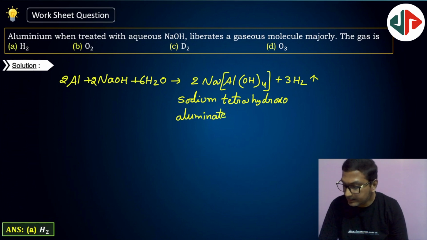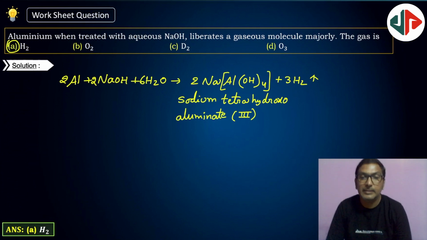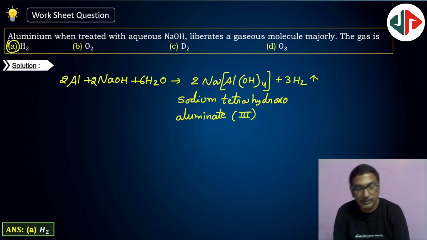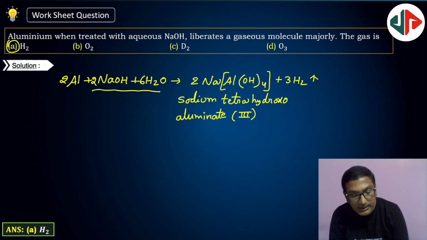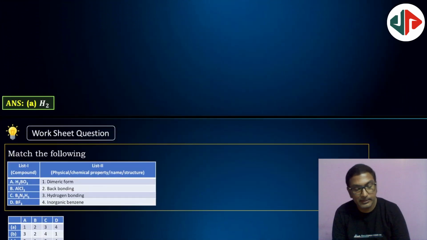Oxidation state is 3. So H2 gas is released. Therefore option A. This is the reaction between aluminium and aqueous NaOH. H2 gas will be released. Next.